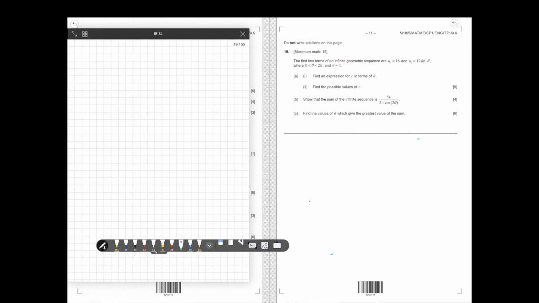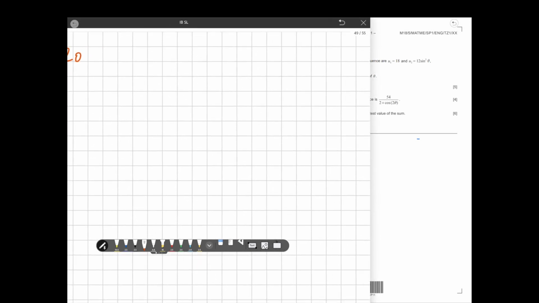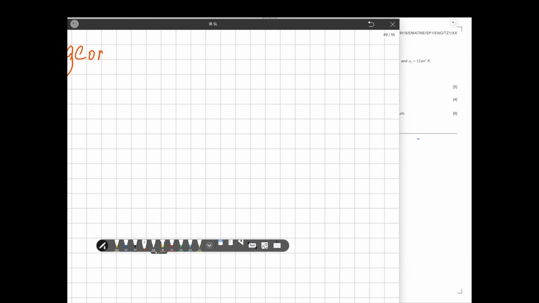And then now we can move on to question 10. So this question is about geometric sequence. So how can we do this? Firstly, we have to know the formula.